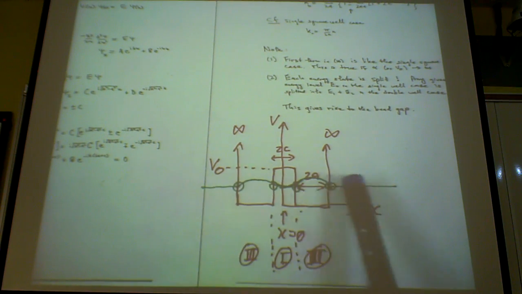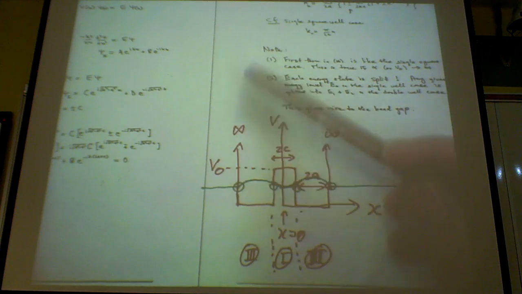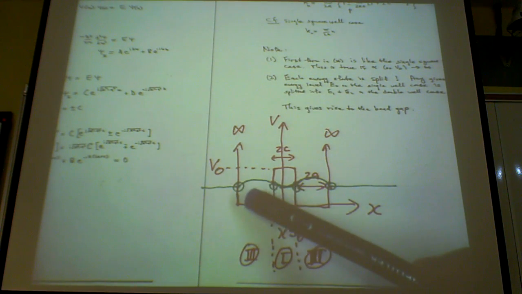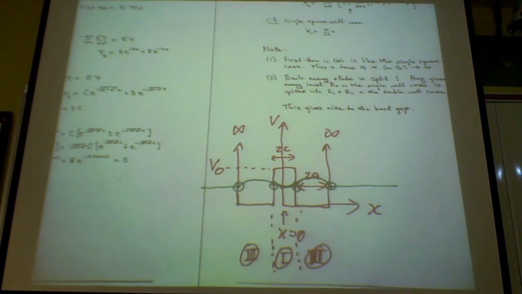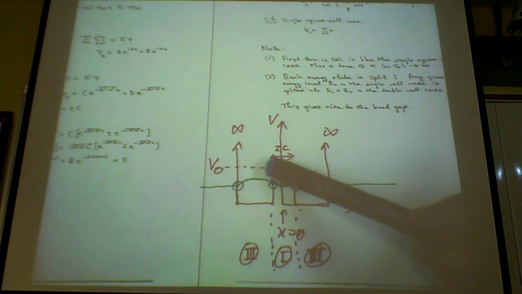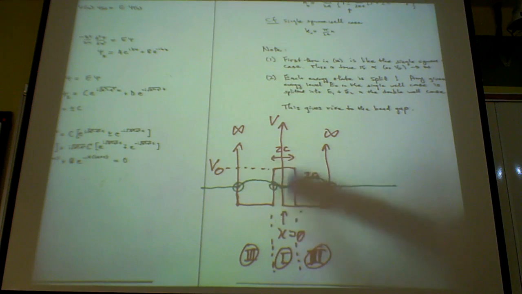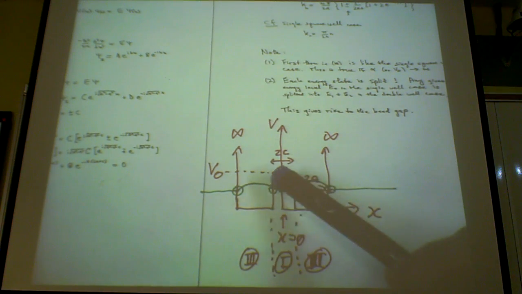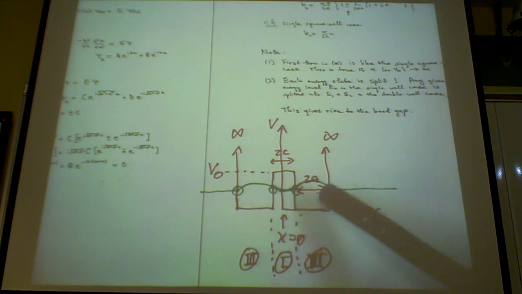You have 2 regions outside the infinite well wall, and then you have region 2 and region 3 inside the individual wells on each side, and then you have a connecting point, this barrier between the wells, and this is where the interesting thing occurs: you have an energy barrier between the 2 square wells.